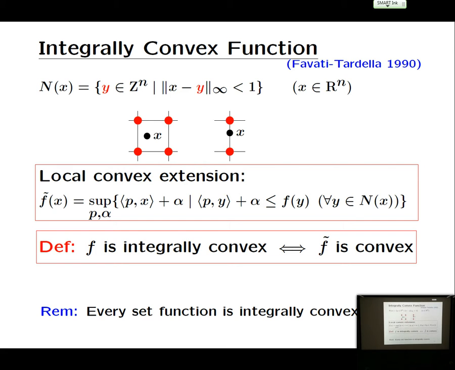It is independent of Lovasz extension. So this is defined, and we glue them together. In each hypercube, we have a convex function, but it doesn't mean that the collection of them defines a globally convex function. But if that is the case, then the given function is called integrally convex. Okay?